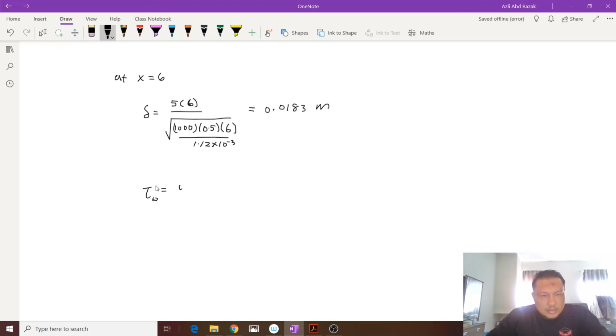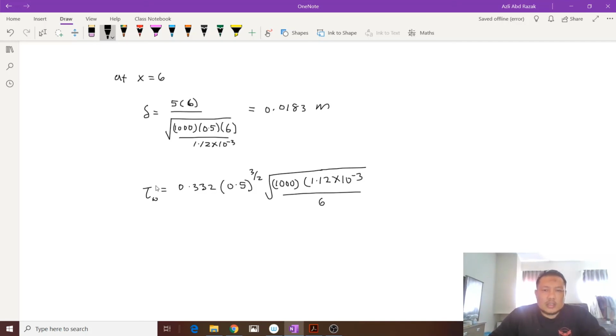And then the tau wall is also similar. We have 0.332 multiplied by, I just substitute here, 0.5 to the power of 3 over 2 multiplied by the square root of 1000 multiplied by 1.12 times 10 to the power of minus 3, divided by x, which is 6.